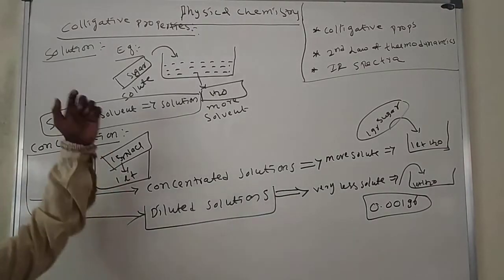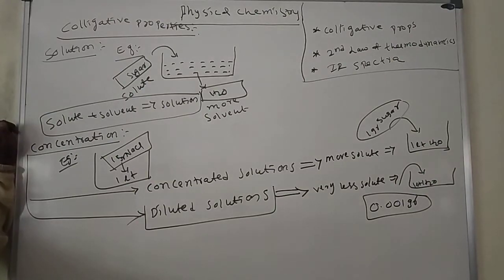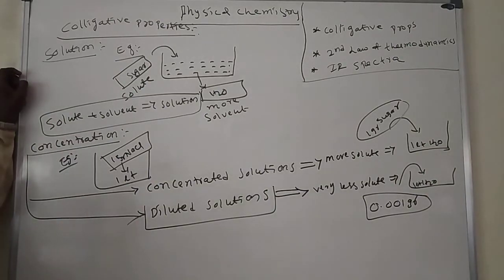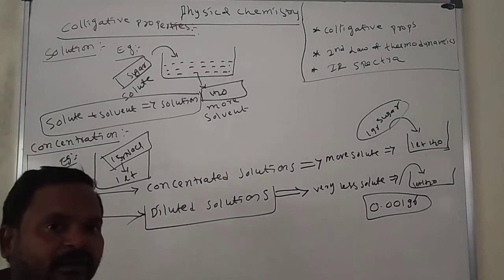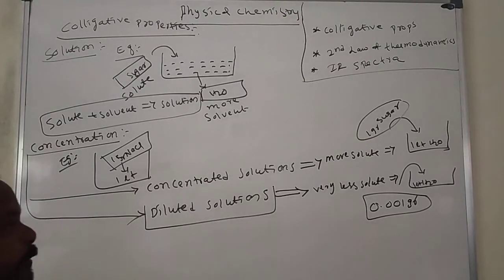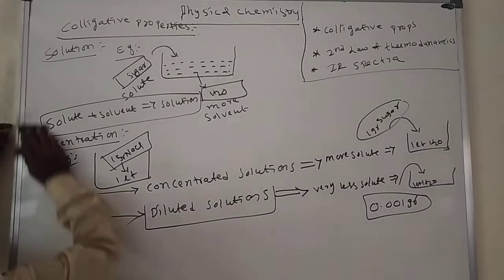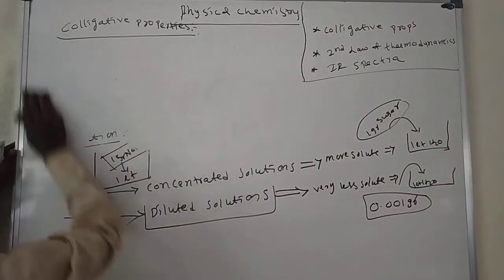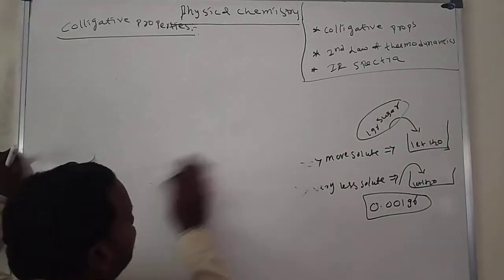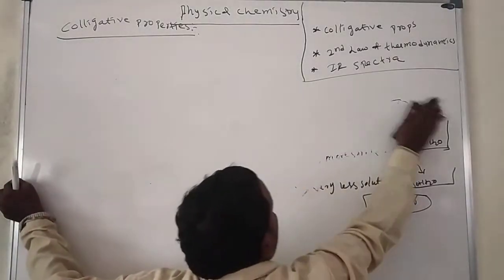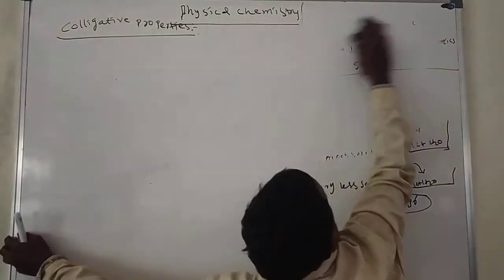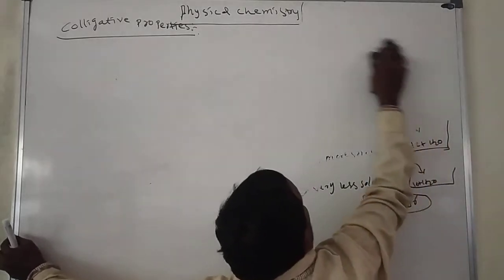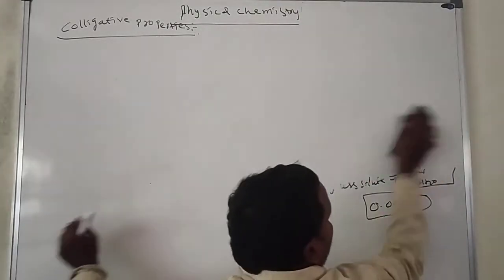Colligative properties are the important properties of dilute solutions. Dilute solutions may exhibit colligative properties. We'll see what is the meaning of colligative property. The property which depends on the amount of the solute, but not on the chemical nature of the solute, is called a colligative property.